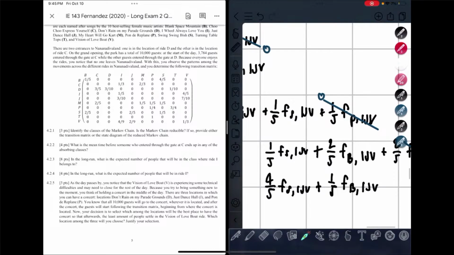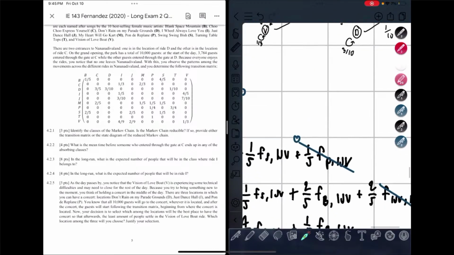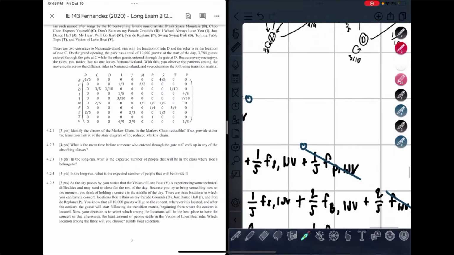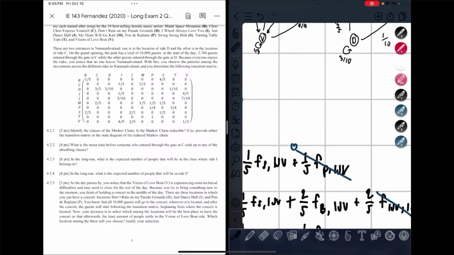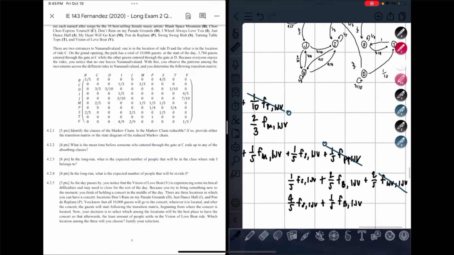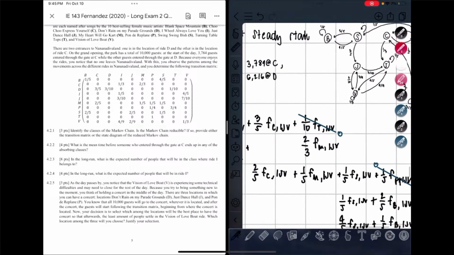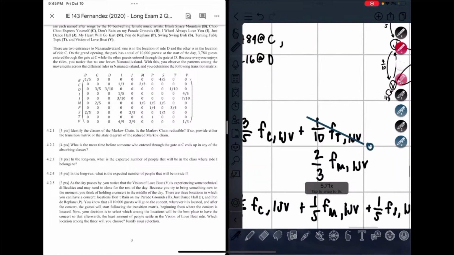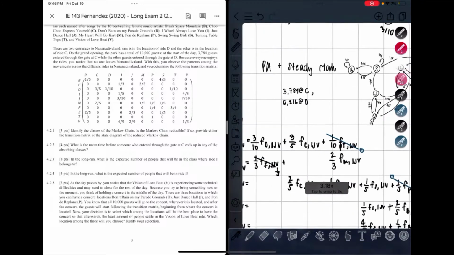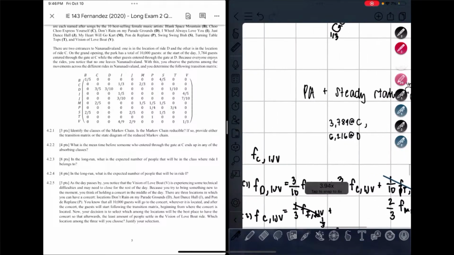Actually, I guess it would be more correct to put this as PT, just for correctness. Kasi I think magbabawas sila ng 0.5 for that. So PT. Ayan. So same process lang.